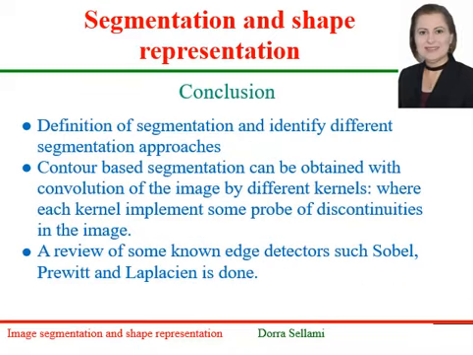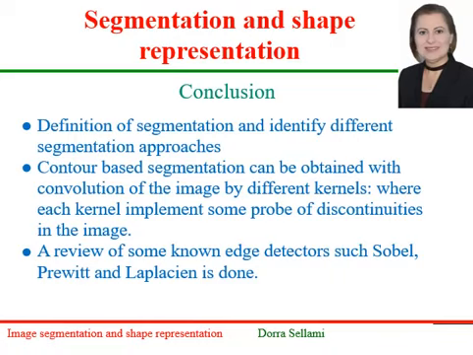As a conclusion, we have started our presentation with definition of segmentation and identified different segmentation approaches. Contour-based segmentation can be obtained with the convolution of the image by different kernels, where each kernel implements some probes of discontinuities in the image.